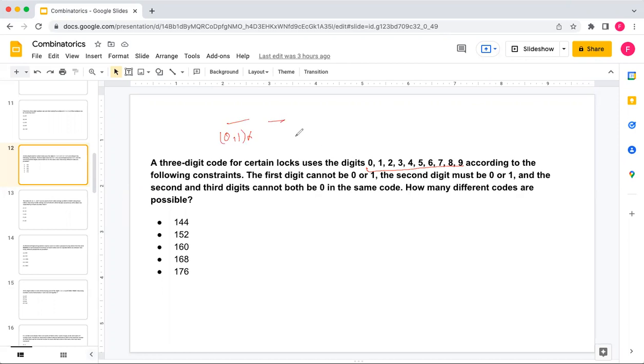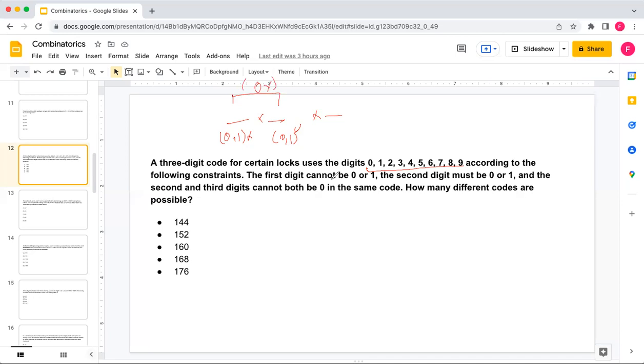The next digit must be 0 or 1. And for the third digit, another condition is the second and third digit cannot both be 0. So we can't have 0 in both at the same time.